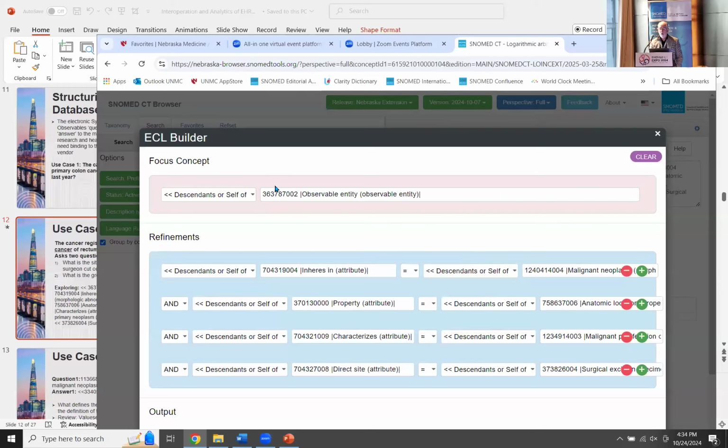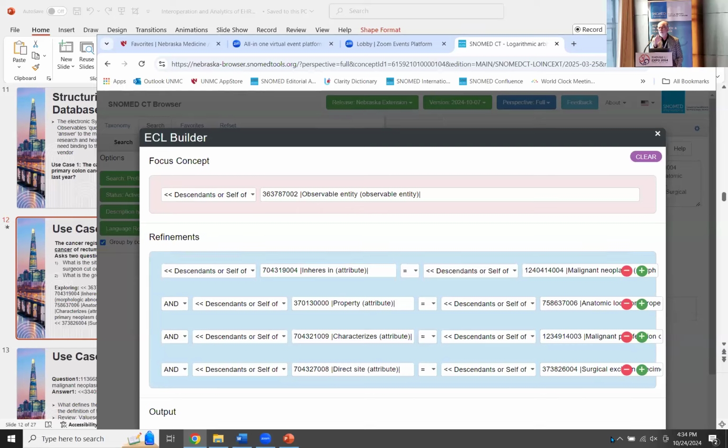So basically, we're looking at an observable, basically looking for a piece of data about, and here's in, a malignant neoplasm, okay? The direct site, and Stan, one of the things that, in the clinical chemistry, the direct site and what is normally, I consider the system to be adheres in, okay?